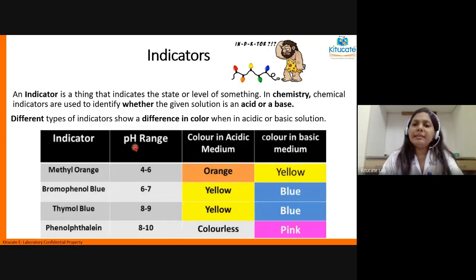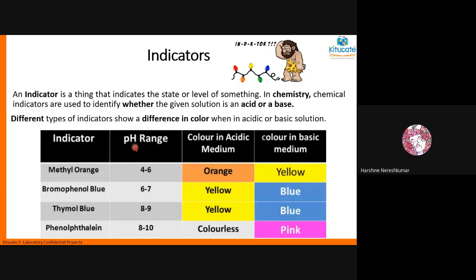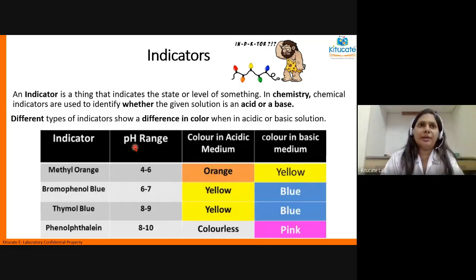Anything which is less than 7 will be an acid. Anything which is more than 7 will be a base. To give you a clearer picture, you all know the integer number line, right? Zero is at the center, with negative integers on one side and the positives on the other side.